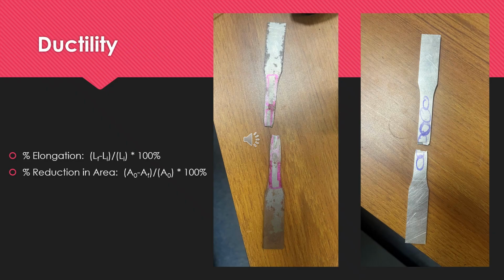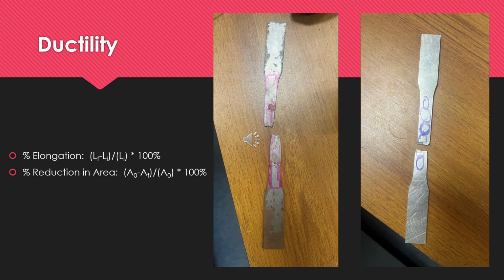Percent reduction in area is found through a similar formula where percent reduction in area equals area initial minus area final divided by area initial times 100%. And the area in question is the cross-sectional area, which is the spot where the necking occurred and the material fractured.